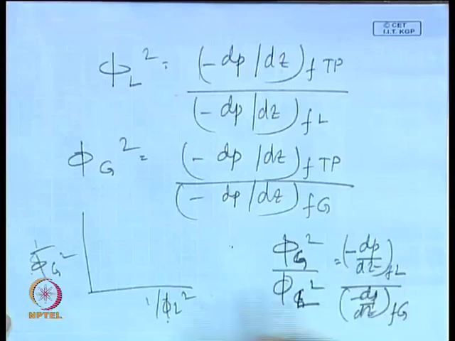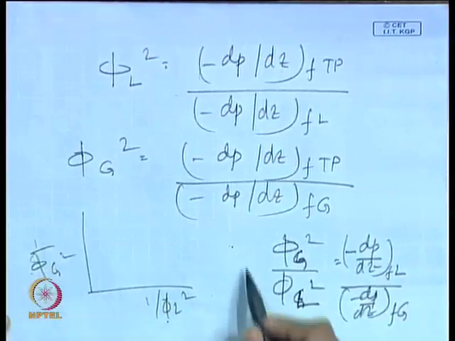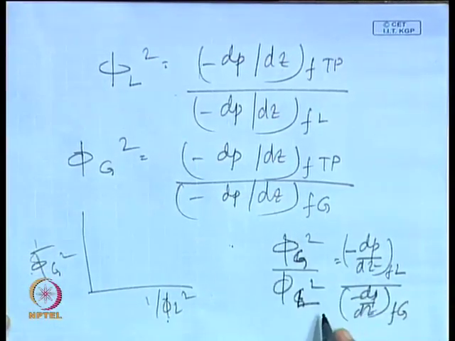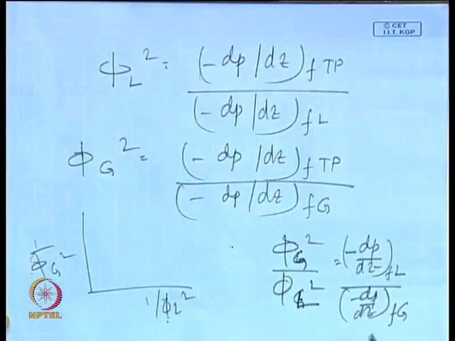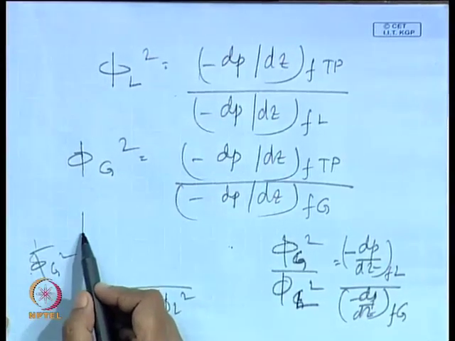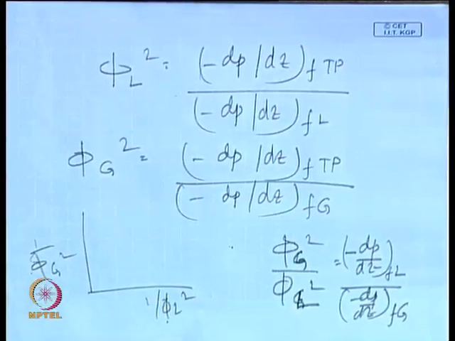Okay. So now if phi L square or phi g square is plotted as a function of this particular ratio, then if this is the x axis, we know the x axis already, we can calculate it. Once we know this, we can calculate phi L square or phi g square, whatever is there in the y axis, and we can find out the frictional pressure gradient in a much simpler fashion.